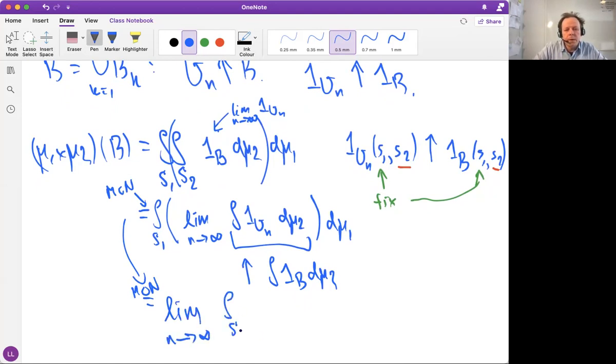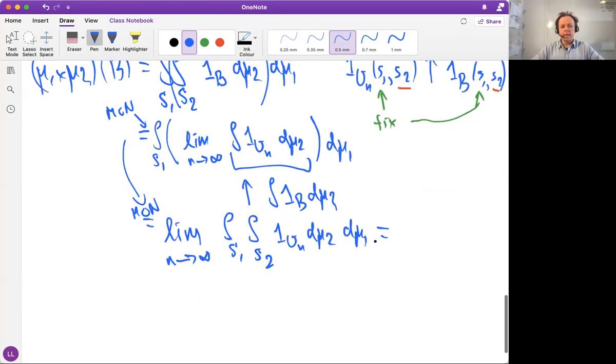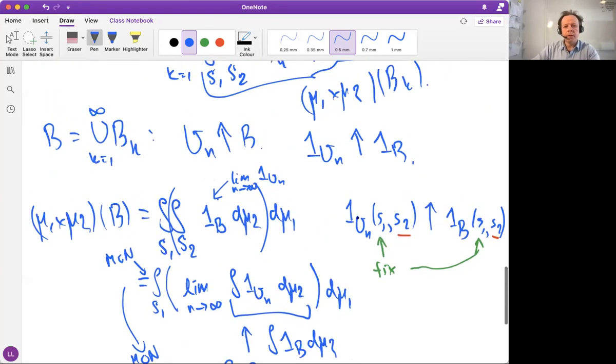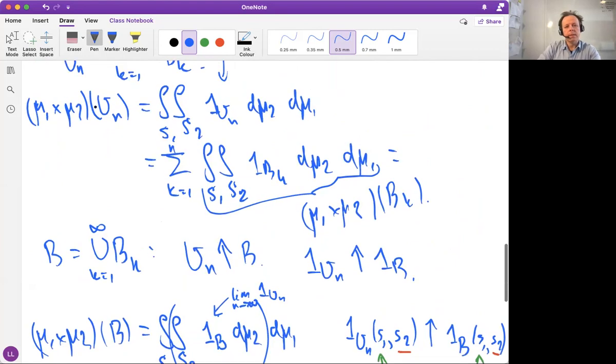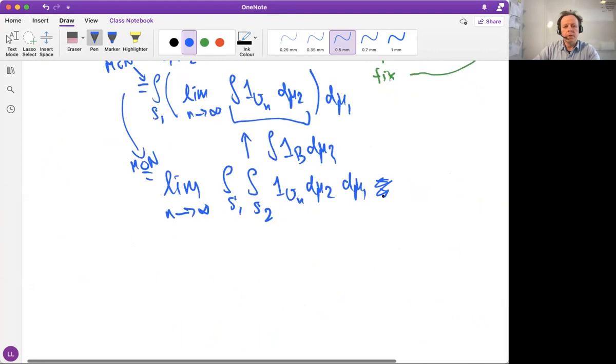And then we have the integral of the indicator of U_n at (s1, s2) this way. And what is that? We learned before that for U_n, this was the sum of these B_k's. So what is there?